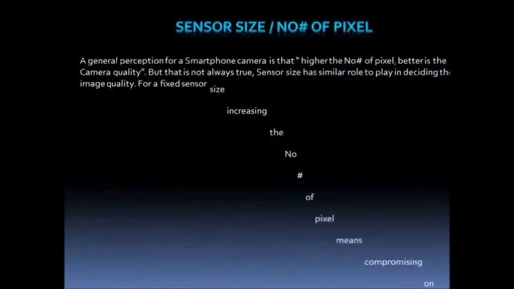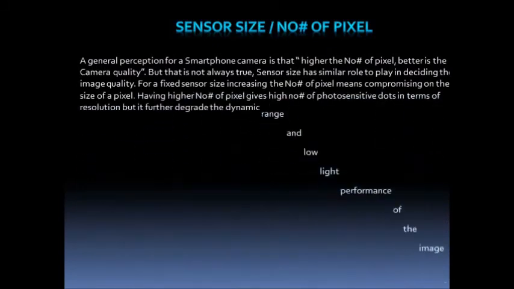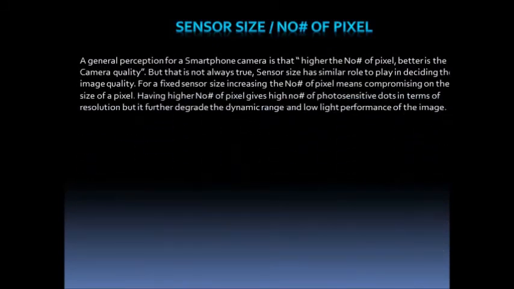So now we can conclude that the general perception for a smartphone camera, that a higher number of pixels means better camera quality, will not always be true, because we have already seen that sensor size has a similar role to play in deciding the image quality.